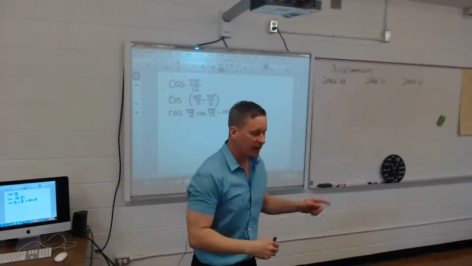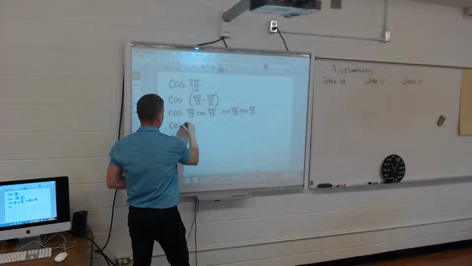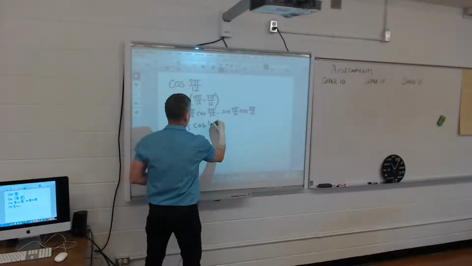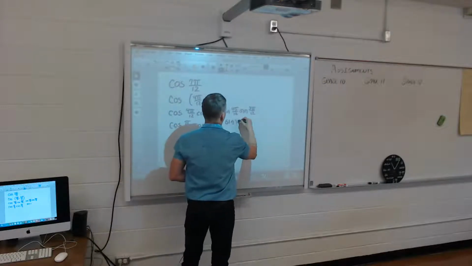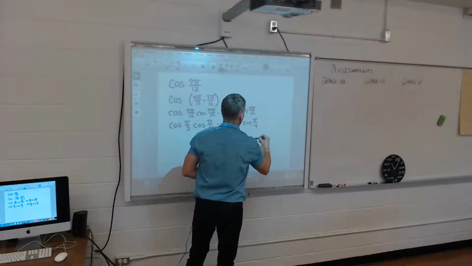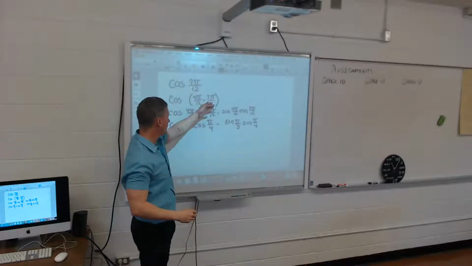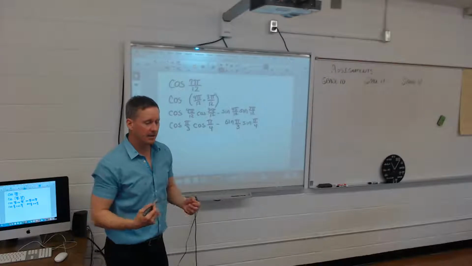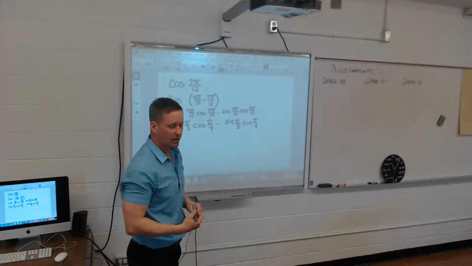Okay? Now, if I reduce those fractions, that is cos pi over 3, cos pi over 4, minus sine pi over 3, sine pi over 4. Okay, it's just by reducing 4 pi over 12 and 3 pi over 12. So now I'm into values that are on the unit circle.